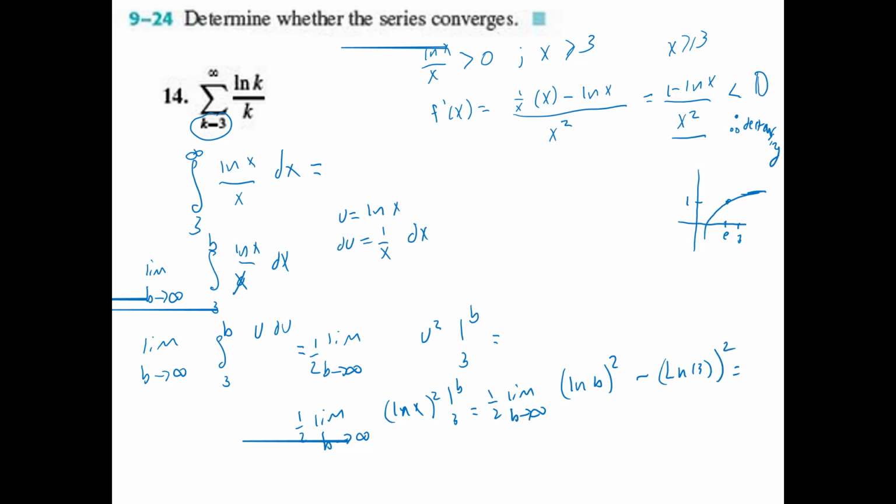And because the natural log keeps growing without bound, and when we square it, that just makes it grow even bigger, this is infinity. Therefore, your series diverges.